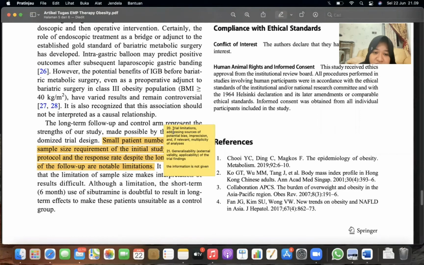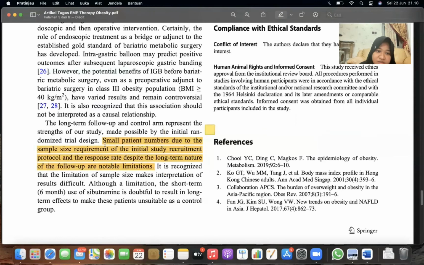We next number 20, trial limitations addressing sources of potential bias, imprecision, and if relevant, multiplicity of analyses.